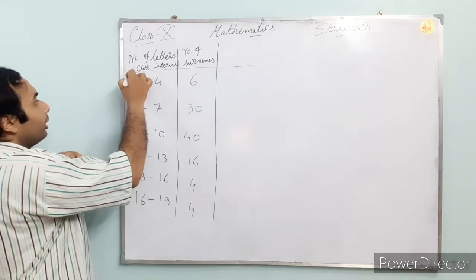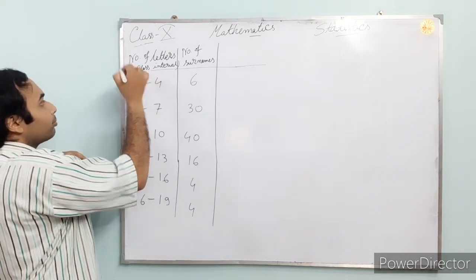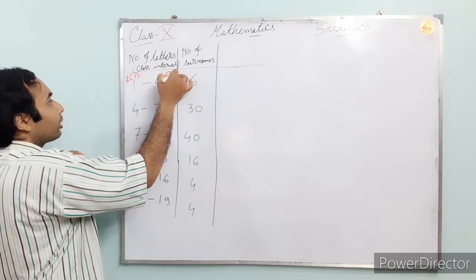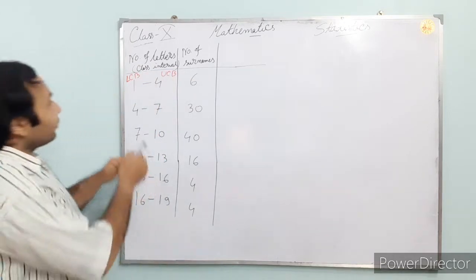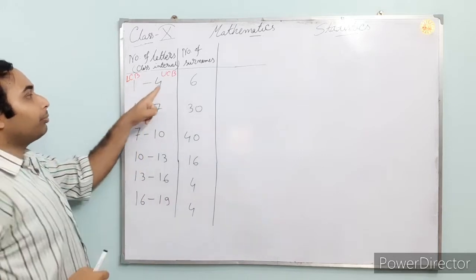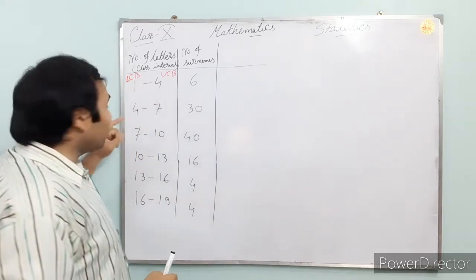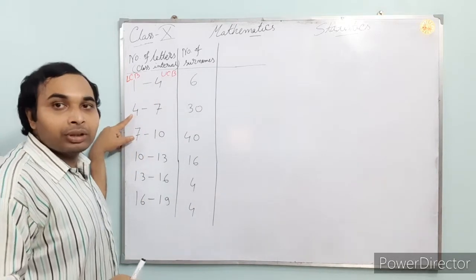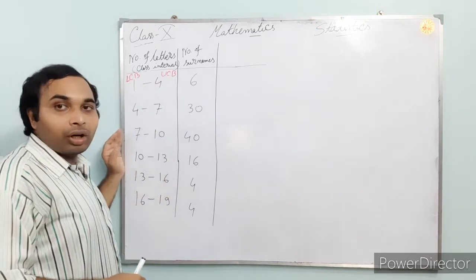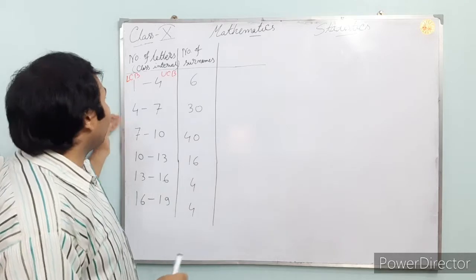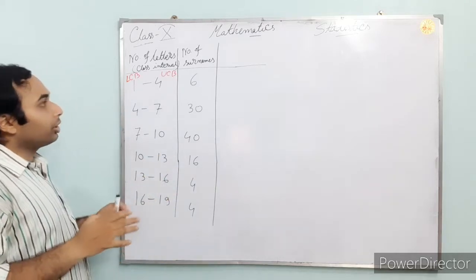I am writing here, this is the lower class boundary, this is the upper class boundary. Now if the upper class boundary of the previous class is equal to the lower class boundary of the next class, then the data is called continuous data. Otherwise it will be discontinuous.